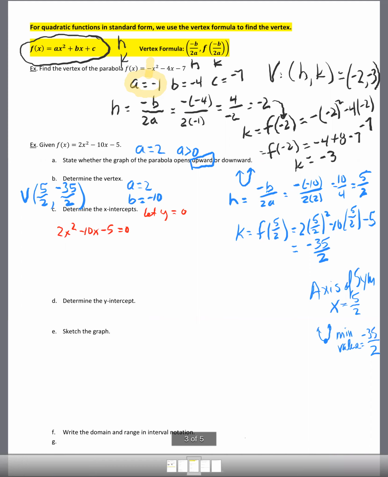And so our only objective now, when we go in here and solve, since it is quadratic, I'm going to have to use the quadratic formula. So I'm going to use x is equal to the opposite of the b value plus or minus the square root of b squared minus 4 times a times c, be careful of signs, all over 2a.